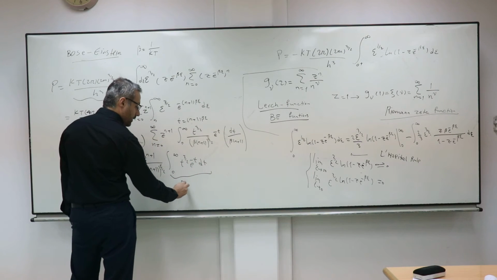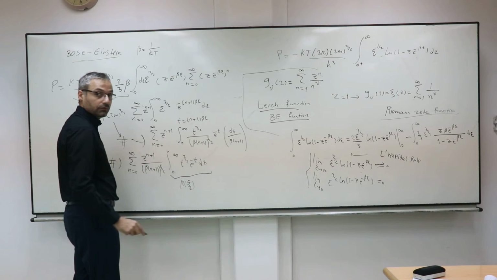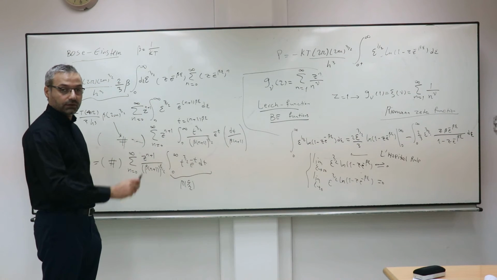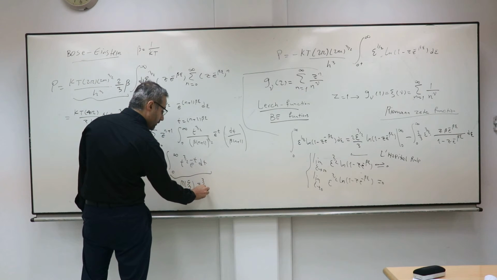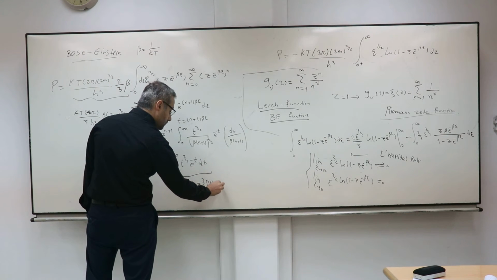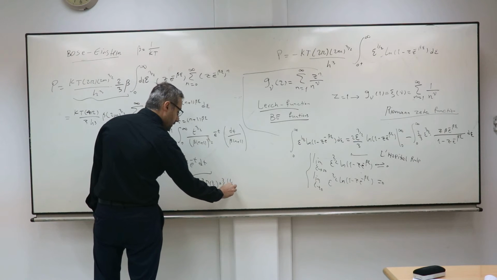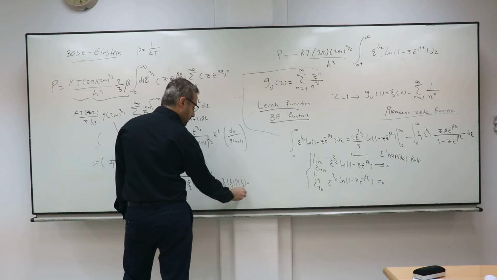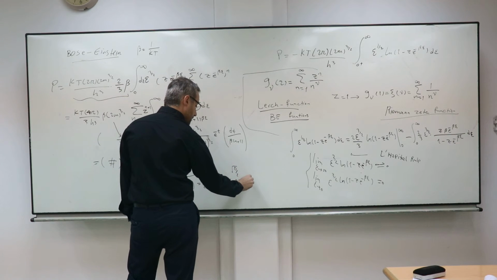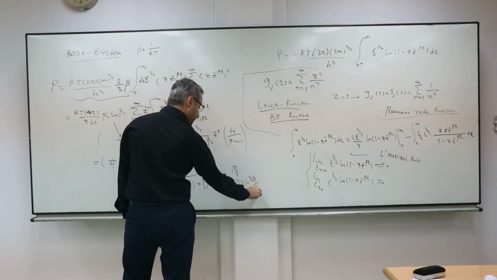This is gamma 5/2. You need to know the definition of the gamma function from a few minutes before. So that's 3/2 gamma 3/2, which is 3/2 times 1/2 gamma 1/2. You remember it was gamma, so 3 radical π over 4.